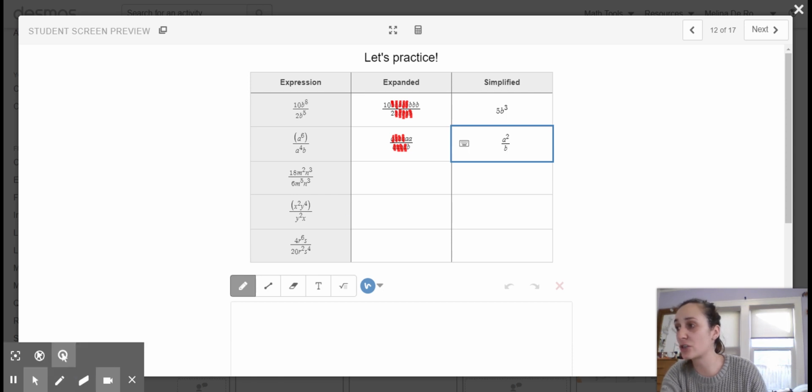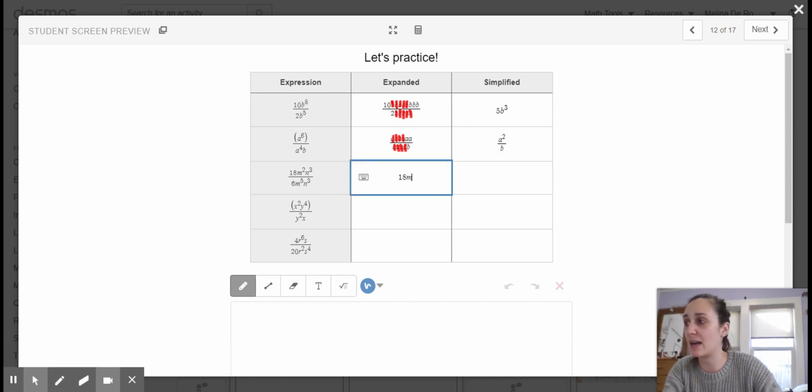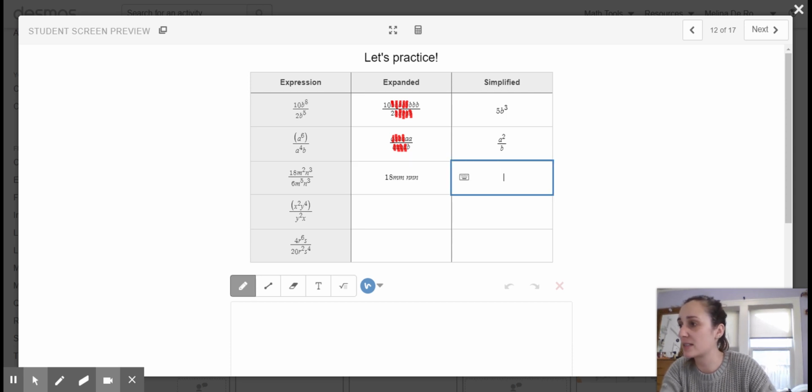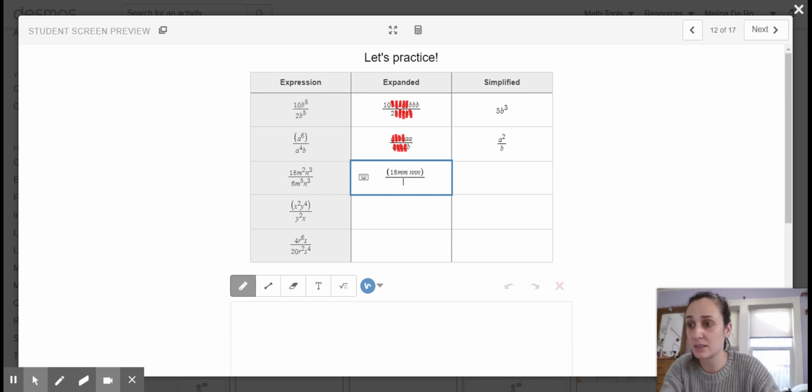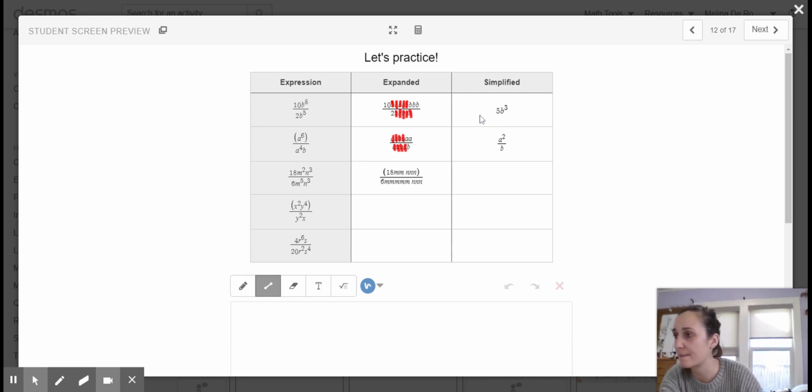The next one gets even trickier. 18, m m, and I separate these out, with 3 n's in the bottom. To do a fraction, you can just use the slash. And then I have 6, 1, 2, 3, 4, 5, 1, 2, 3. So again, I can start to cancel out.